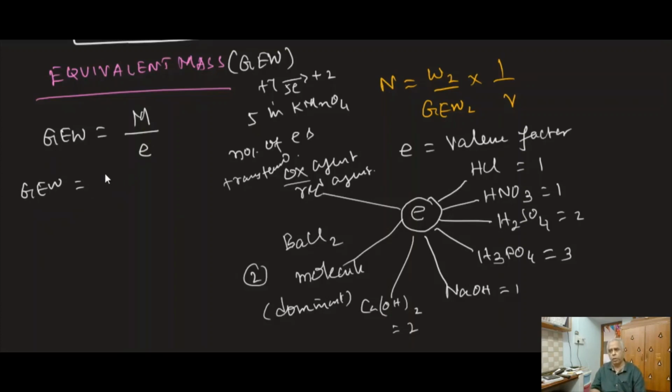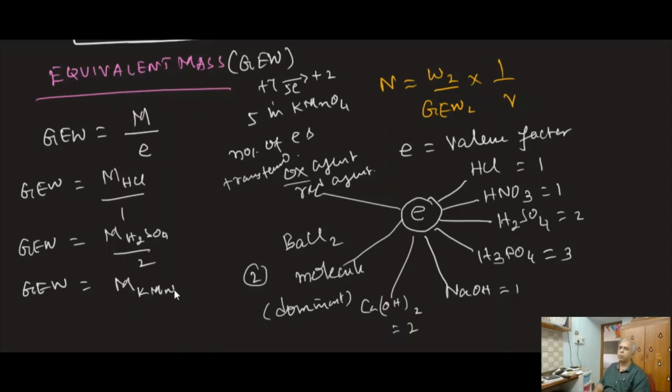So it should be divided by 5. Do you understand? So the gram equivalent weight for any substance is molar mass divided by the valency factor. For hydrochloric acid, molar mass of HCl divided by 1. For sulfuric acid, molar mass divided by 2. For potassium permanganate, molar mass divided by 5.